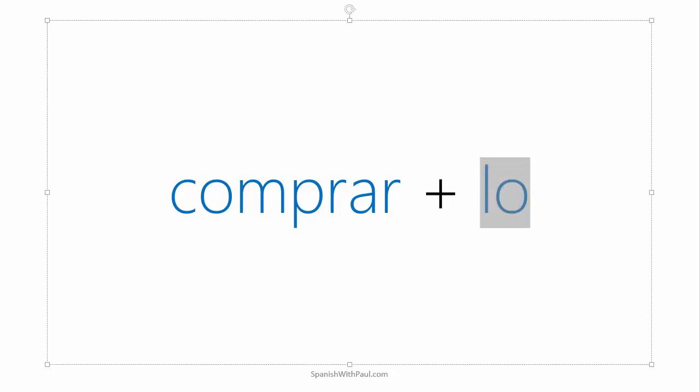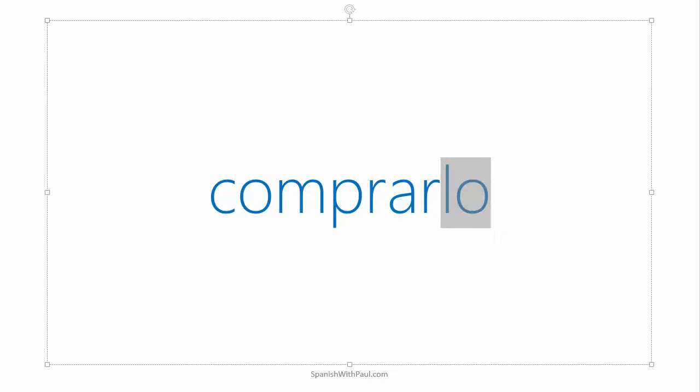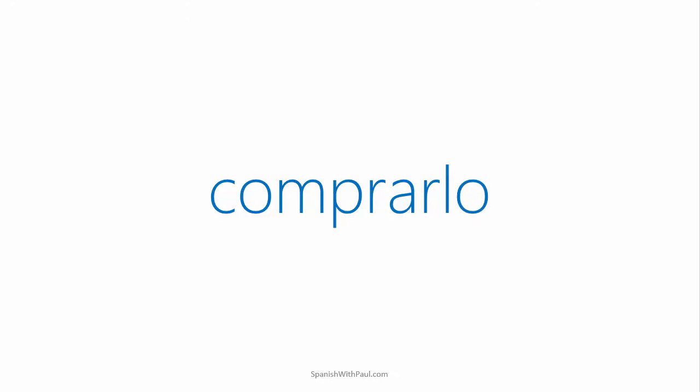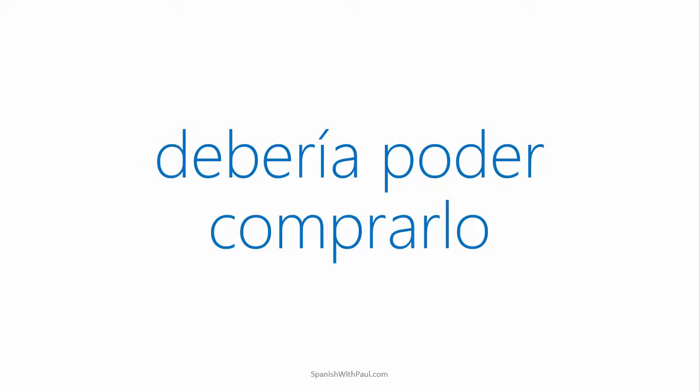Lo stands for it. So to buy it would be comprarlo. Here we have to buy with the it tagged on. How would you say now, I should be able to buy it? Debería poder comprarlo.